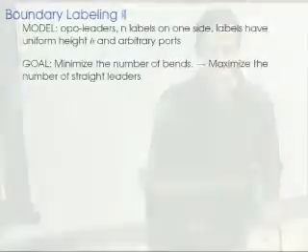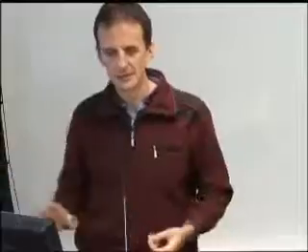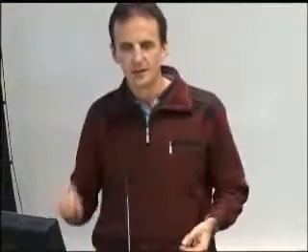Now here's the second algorithm. We now want to minimize something, and what we want to minimize is the number of bends. You remember OPO has 2 bends or 0 bends. If it goes just straight, in the last example there were many leaders that just went straight to the label.